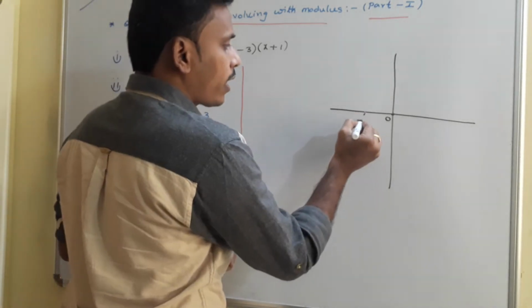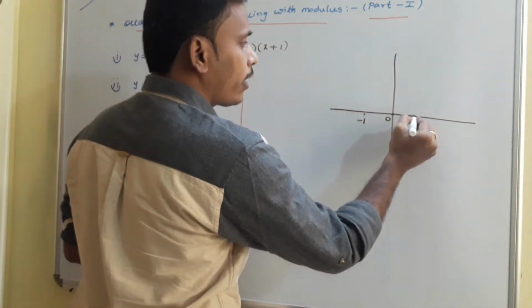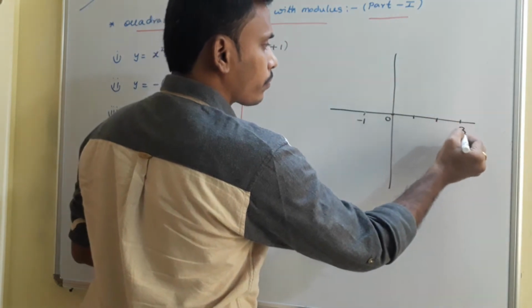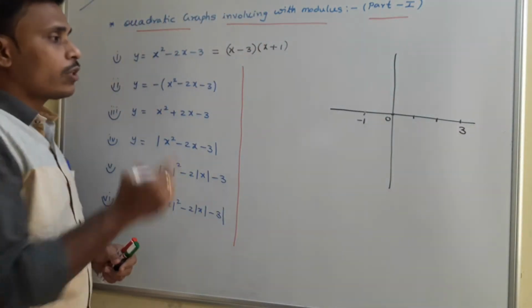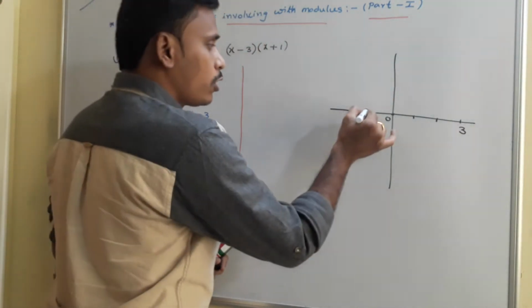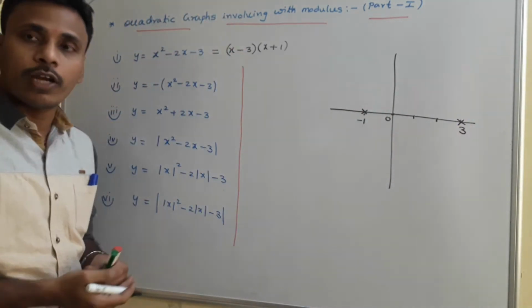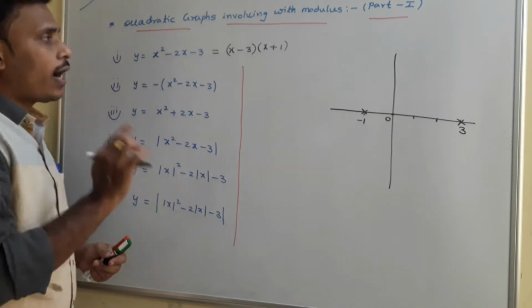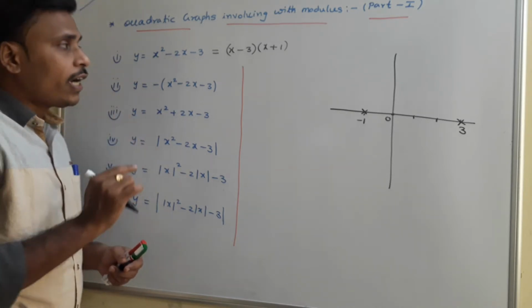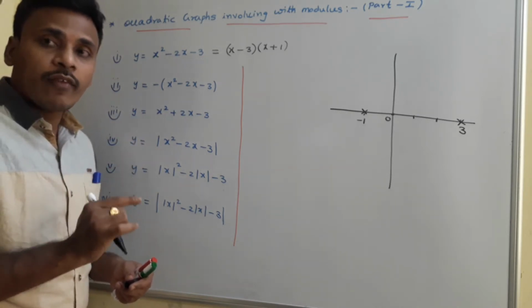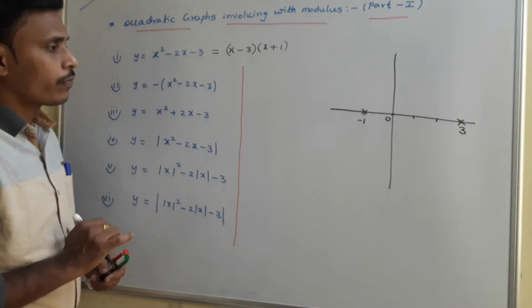So somewhere on the x-axis minus 1 and 3 are located. Okay. So the graph for sure passes through these 2 points, minus 1 comma 0 and 3 comma 0, because they are the roots. And then identify the point where the graph intersects the y-axis.